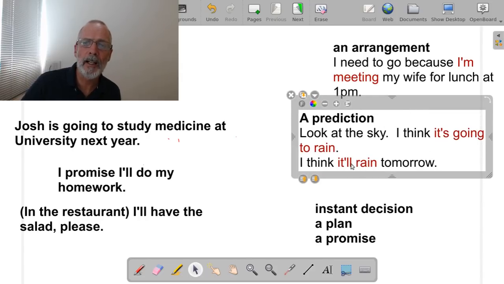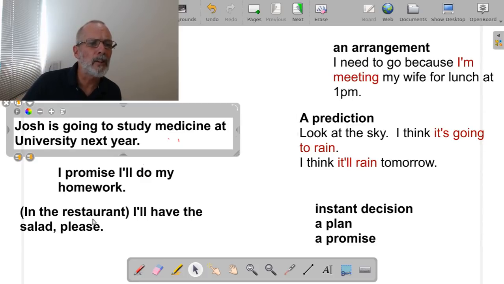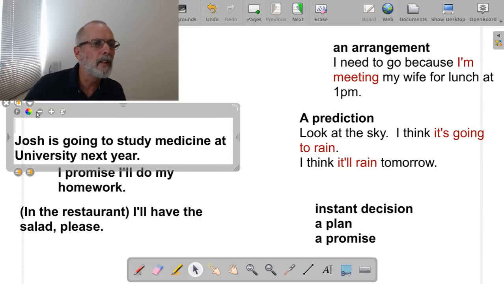Here's a contraction here, here's a contraction, here's a contraction. This one doesn't have a contraction and this one does. There's only one here that doesn't have the contraction. Yeah, Roberto says Josh is going to study medicine at university next year. That's a plan. Very good. So up here we can put that's a plan.